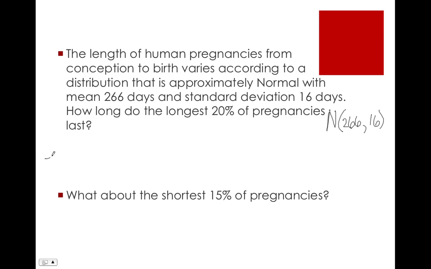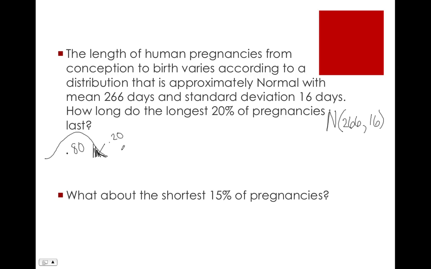So the longest 20% means I'm going to shade where? I'm going to shade the top 20%. However, can I look up 20%? No, I'm actually going to be looking up 80%. So I'm going to go back to my z-score tables, and am I going to be looking for a positive z-score or a negative z-score?